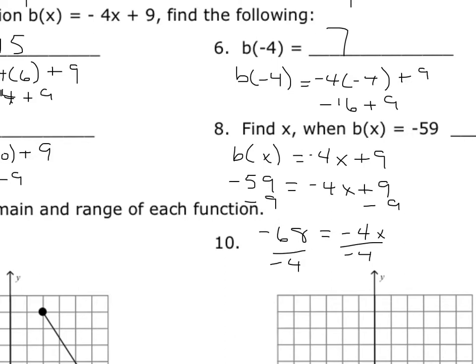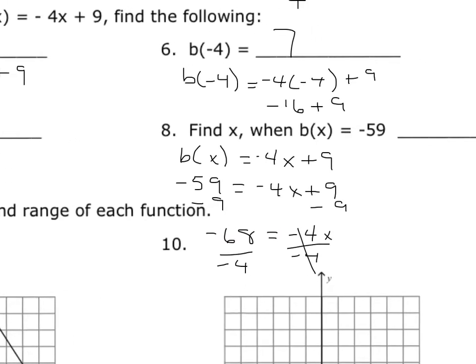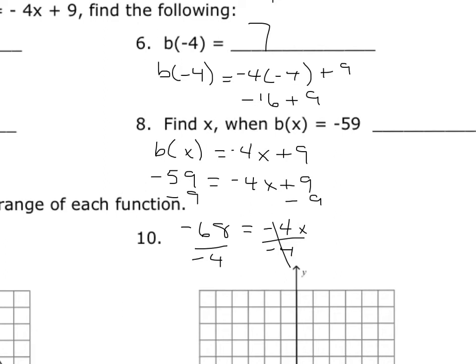And I'm going to get 1x equals negative 68 divided by negative 4, which is negative 17. Nope, positive 17. Two negatives divided is positive. So it's going to be positive 17. So the ordered pair for this would be x is 17 when y was negative 59.